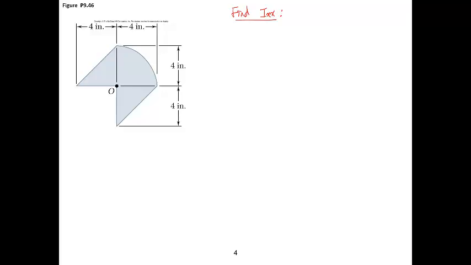Well, there are three pieces. We know Ixx is going to equal the Ixx of this piece plus the Ixx of this piece plus the Ixx of this piece. We say they're added together.